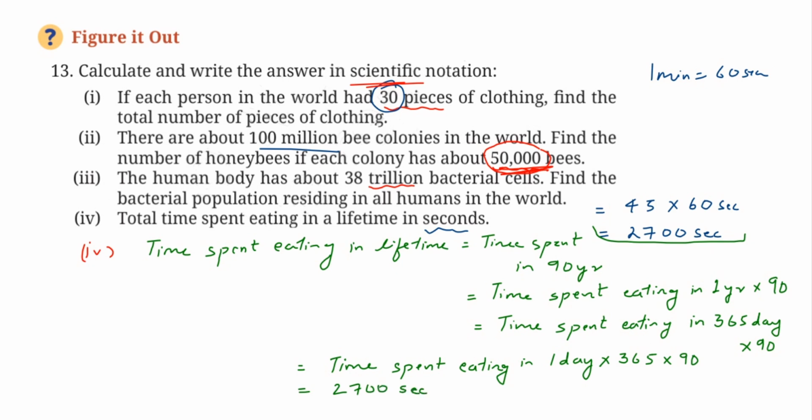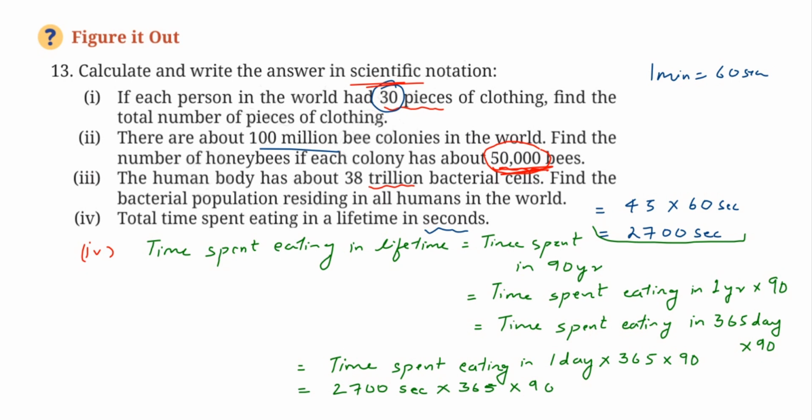If we have to find for 365 days, I have to multiply it by 365. Now this will give us total time taken for 1 year, and here I have to find for 90 years. To find that, I'll multiply it by 90. So instead of finding it in 3 different steps, I'm doing it in 1 step. Now I have to multiply this and get the answer.